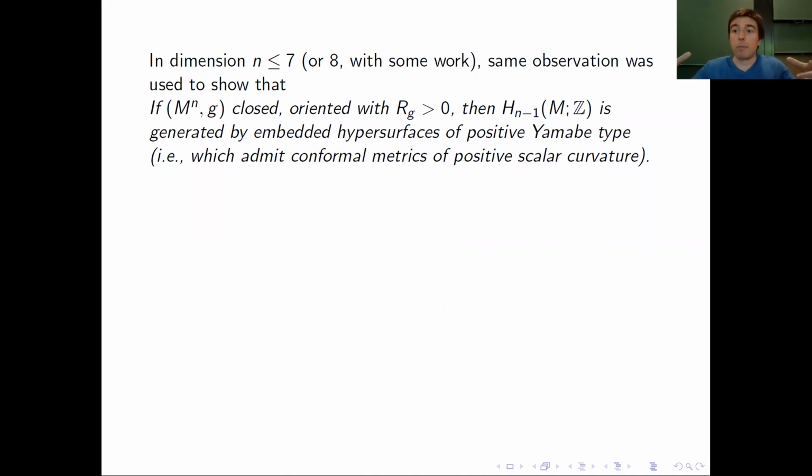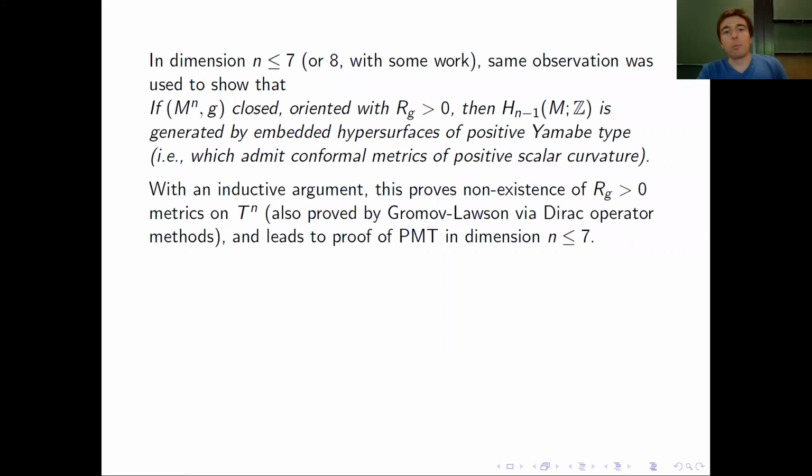So they all admit metrics, in fact, even conformally from the induced metric, with positive scalar curvature. Again, that just falls out of this stability condition. Okay, and so in particular, this allows them with this inductive argument to prove non-existence of positive scalar curvature on Tn when n is less than or equal to 7 or 8. And of course, this was proved in all dimensions by Gromov-Lawson via Dirac operator methods.